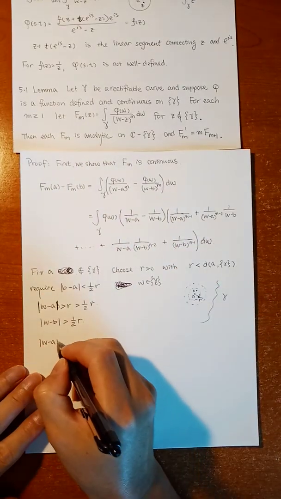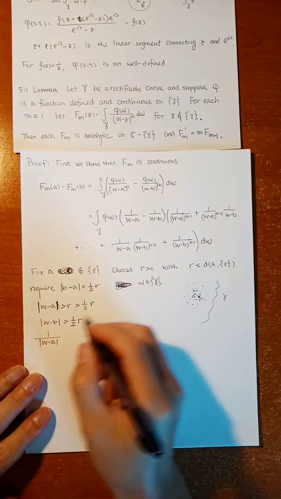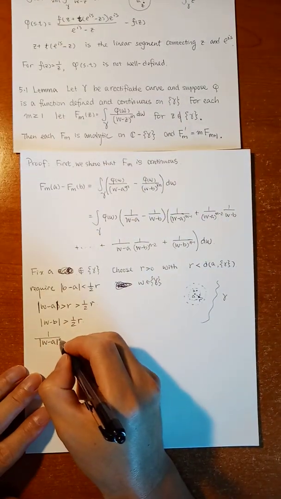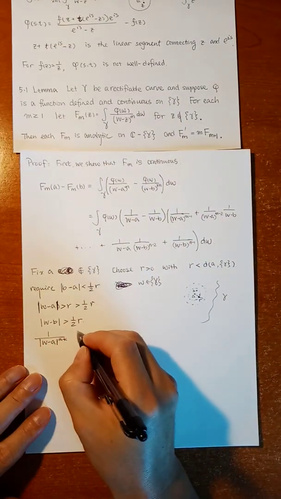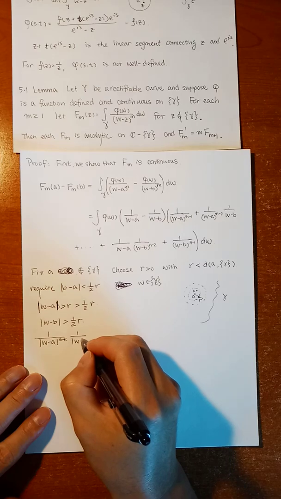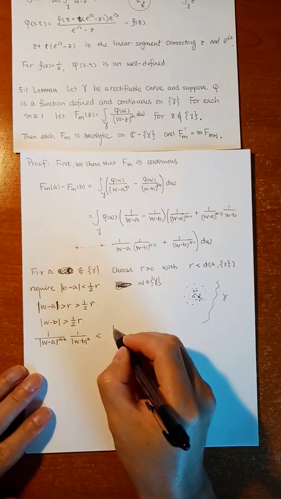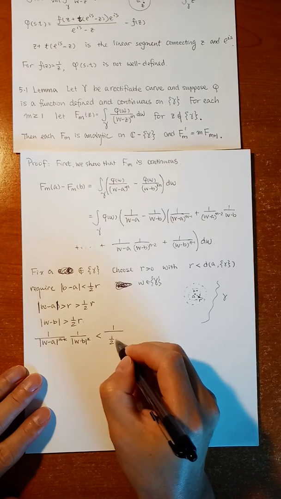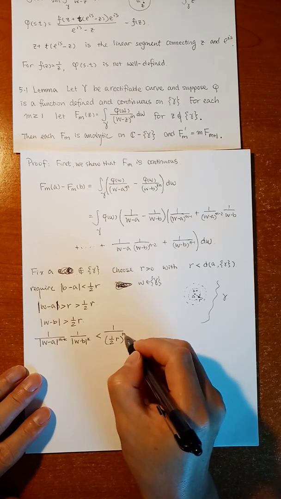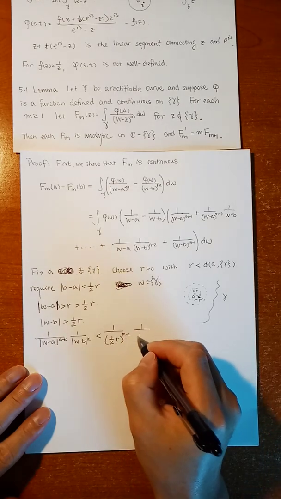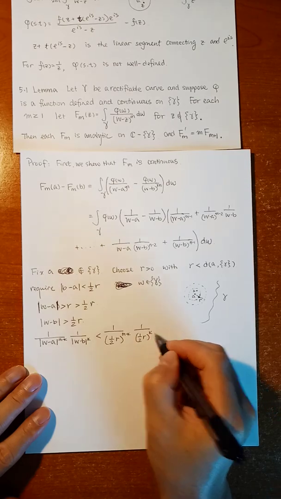So |w − a|^(m−k) times |w − b|^k will be less than (1/(1/2 r))^(m−k) times (1/(1/2 r))^k.